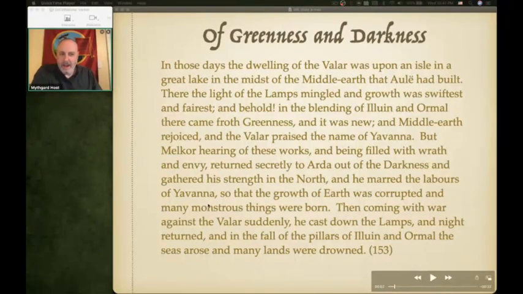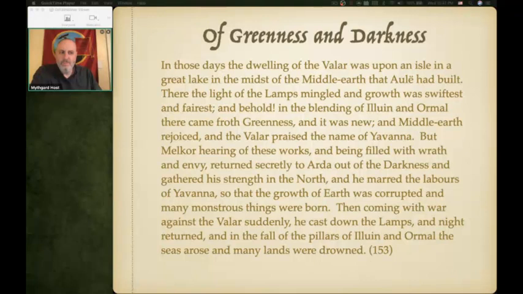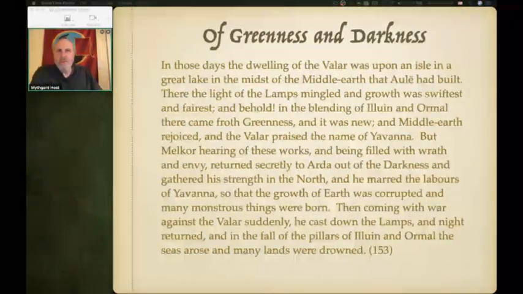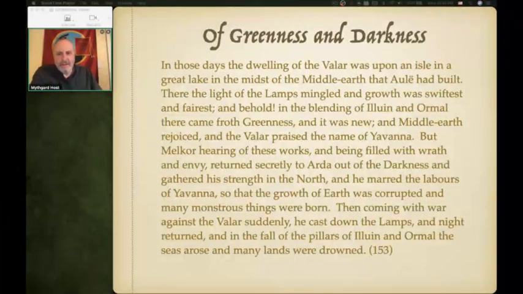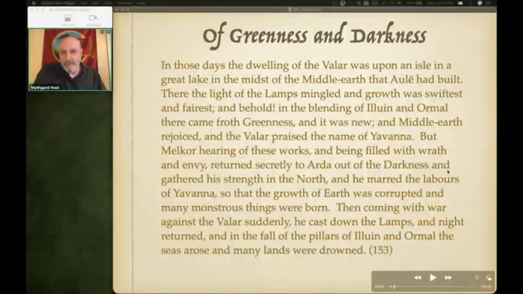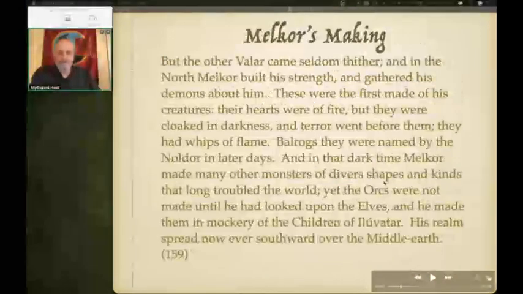And by the way, I don't remember, somebody look it up: is that word greenness in the published Silmarillion? I don't think it is. I don't think Christopher included that. But anyway, we can see him working through that at this point. Let's keep going.